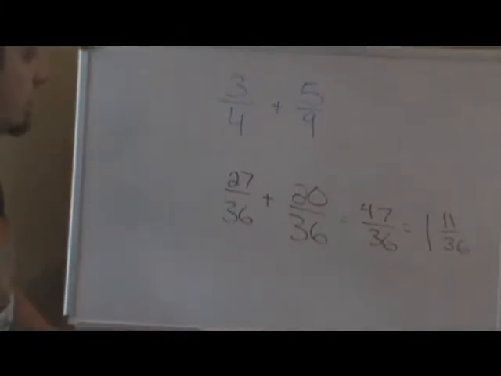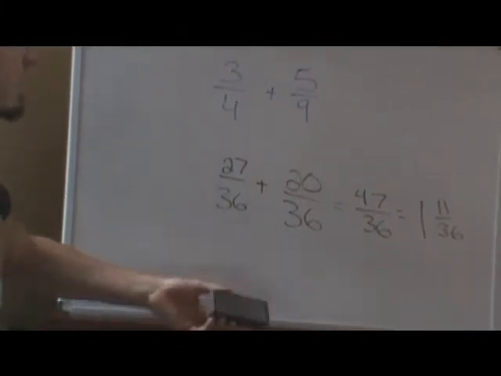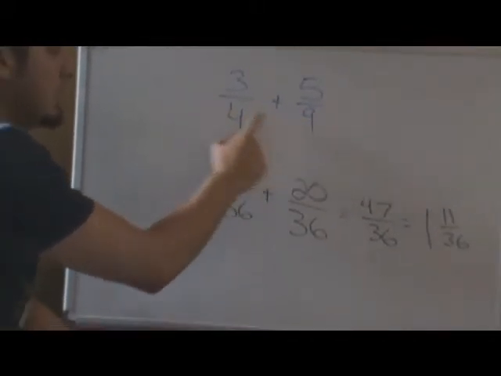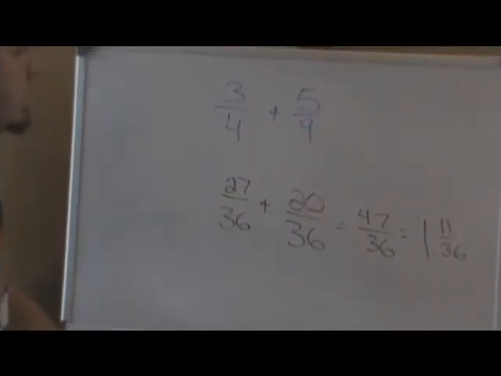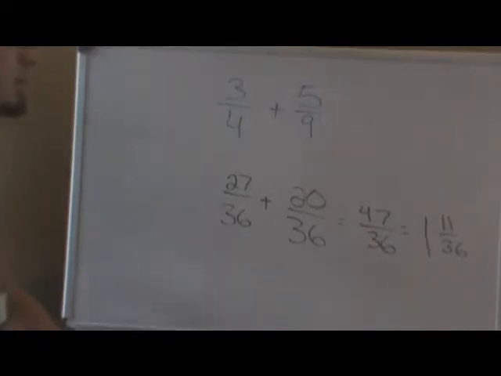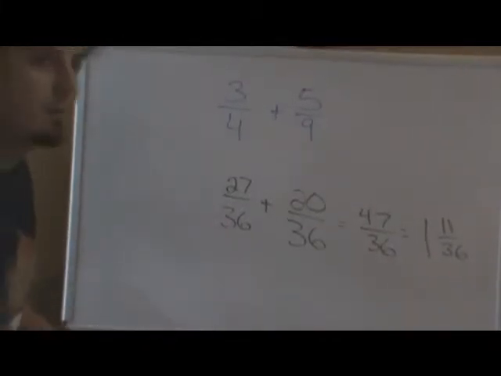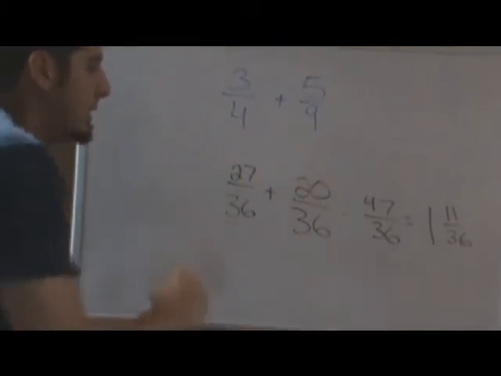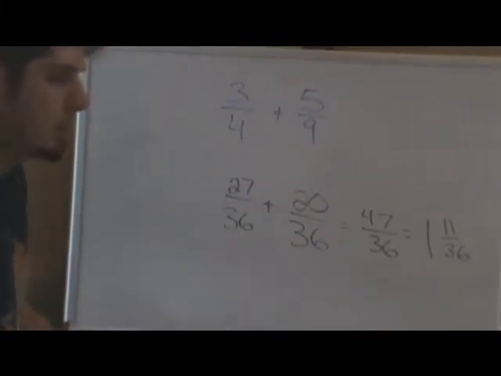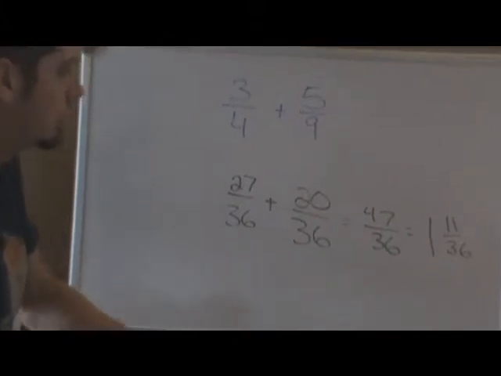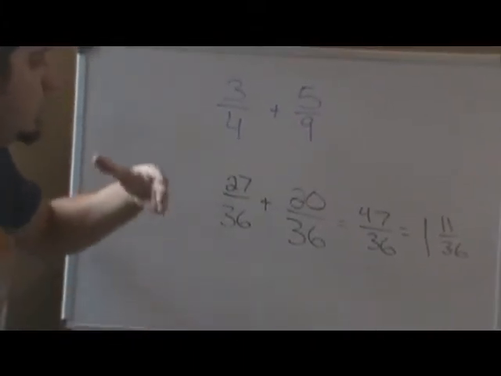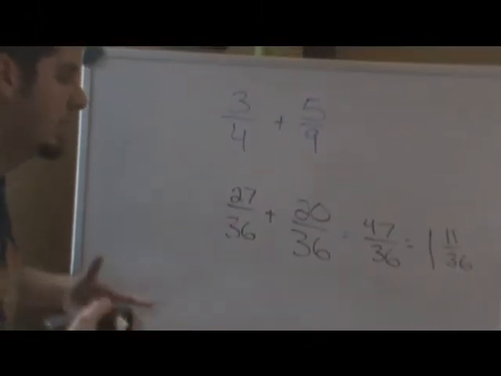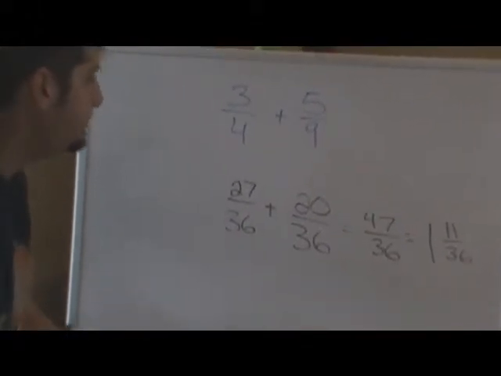Another way to find a common denominator is just to multiply the two denominators together. That can work, but sometimes that will get you really big denominators for your new problem, which you don't want to deal with if you're being required to reduce. Lowest common denominator will limit how big your numbers are and how much you have to reduce.